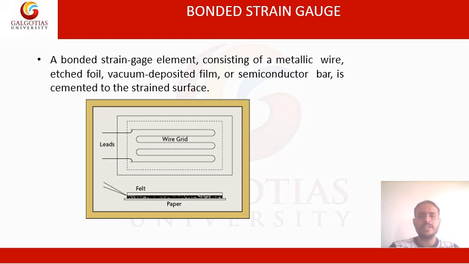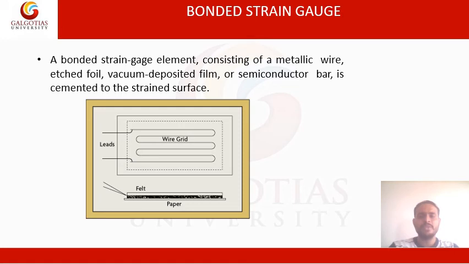Because of the large area of the thick portion, the resistance is small and it does not contribute to any change in resistance due to strain, but it increases the heat dissipation area. Also, it is easier to connect the lead wire with the strain gauge.